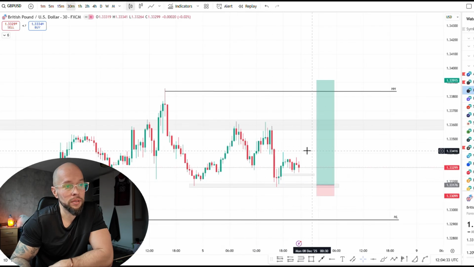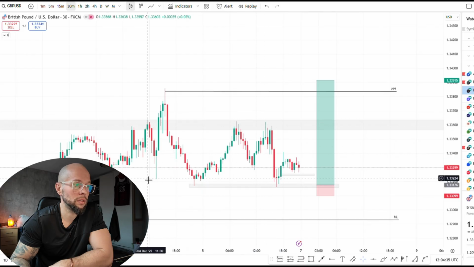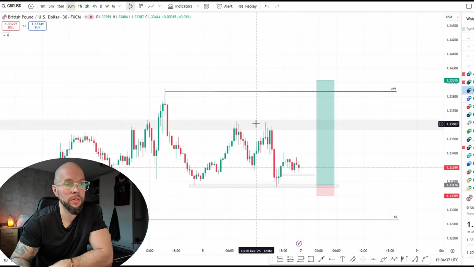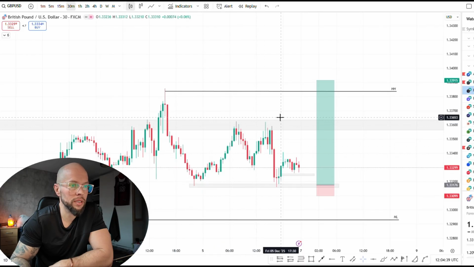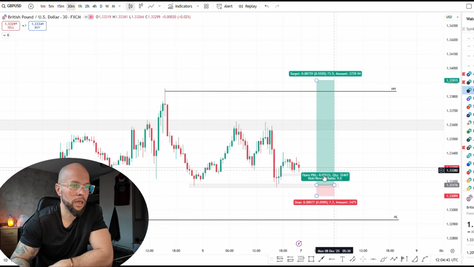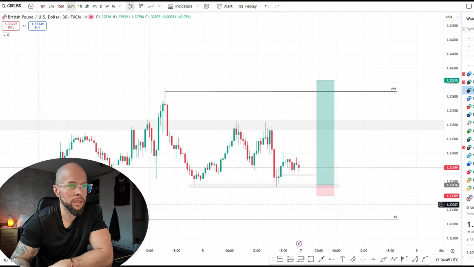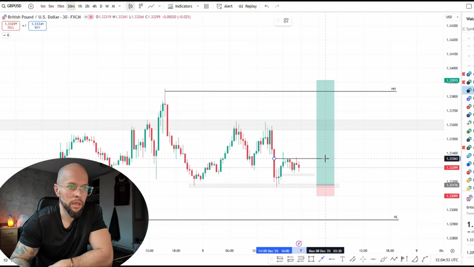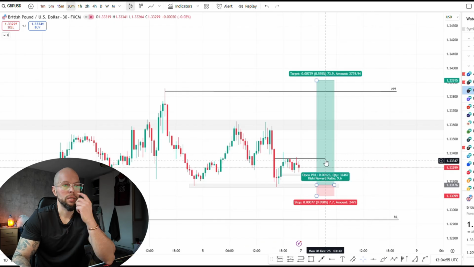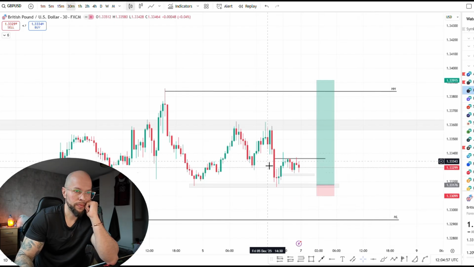For some reason, testing the support level, resistance level, testing again and again, coming down. Now we are making lower highs and lower lows. So I wonder if this level, so let's see what happens with this level actually.